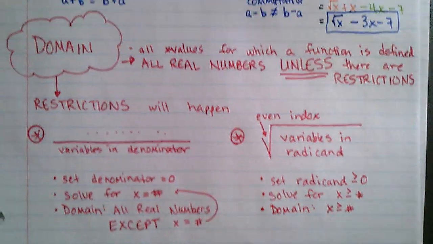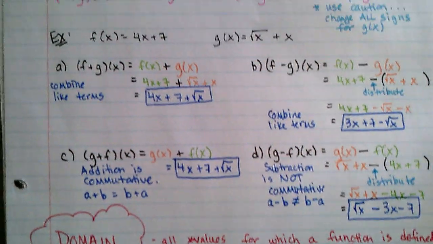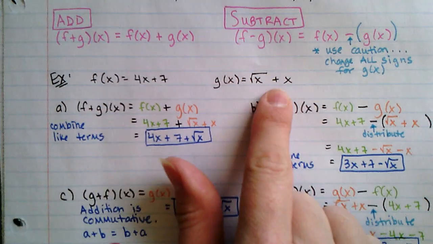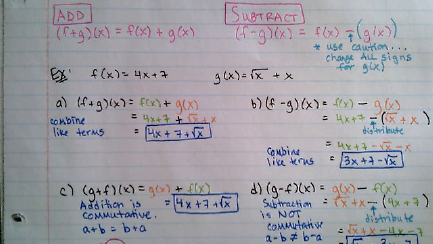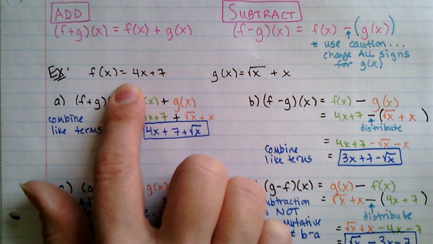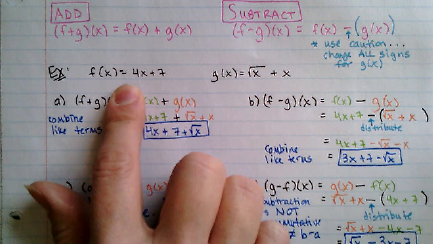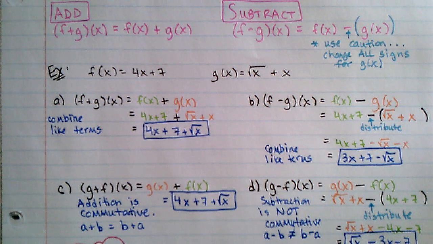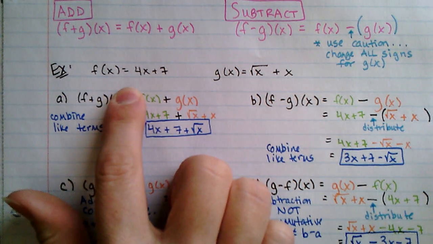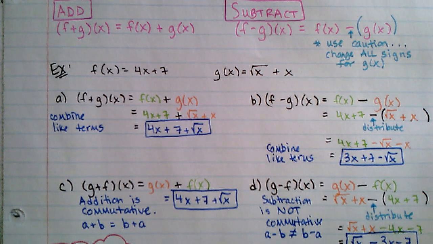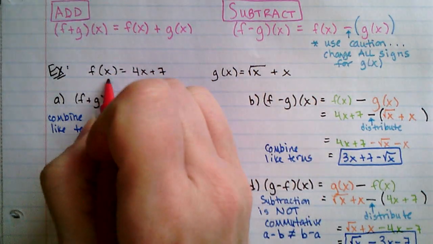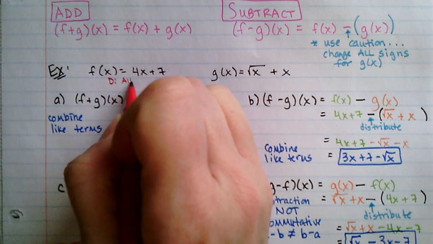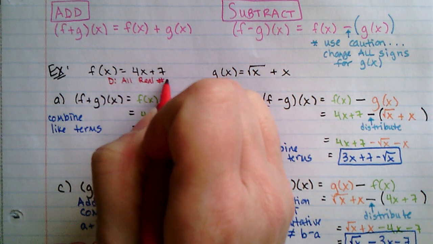So let's go back up and look at the domain for f of x, g of x, and then each of our problems here. So domain for f of x, remember the domain is all real numbers unless you have variables in the denominator or variables inside a radical with an even index. Since f of x doesn't have any of those things, the domain for f of x is going to be all real numbers.